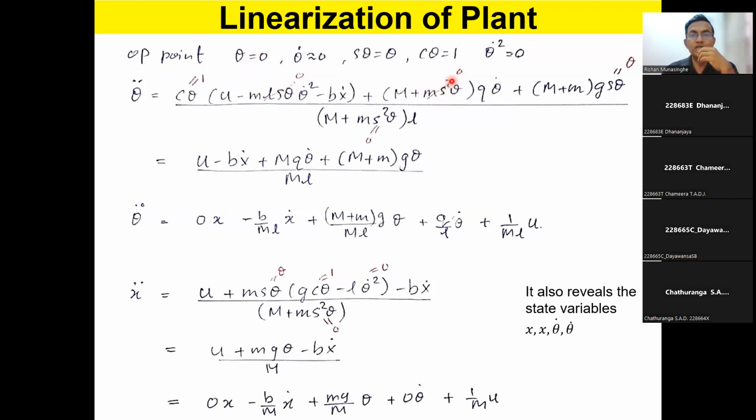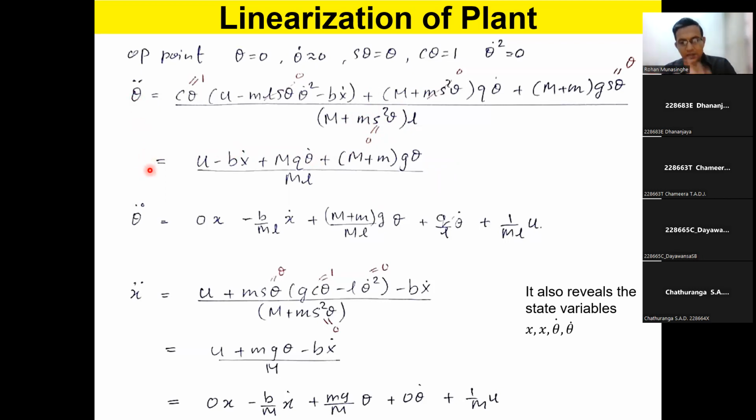So this whole term is 0. And this is just theta. Sine theta equals theta. When you do that, this is also 0, because theta is small, and theta square is even smaller. So we'll set it to 0. This is the final linearized equation for theta double dot.